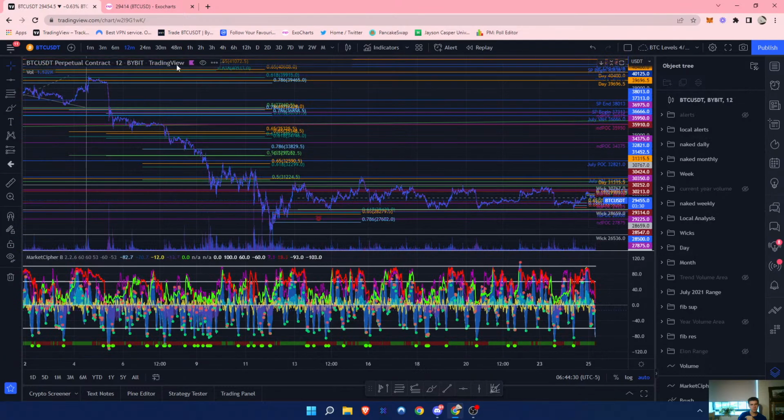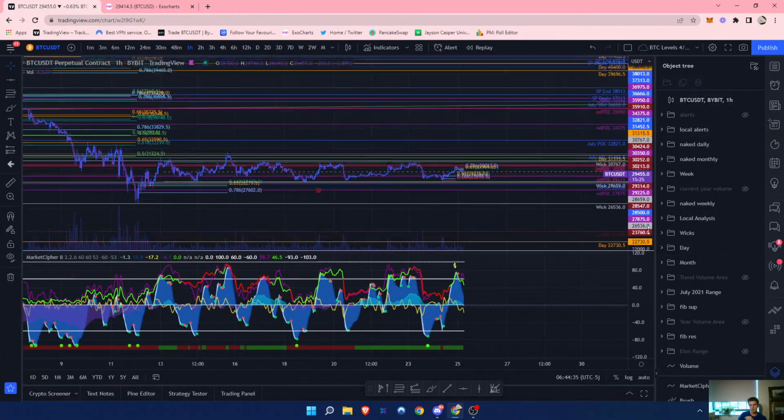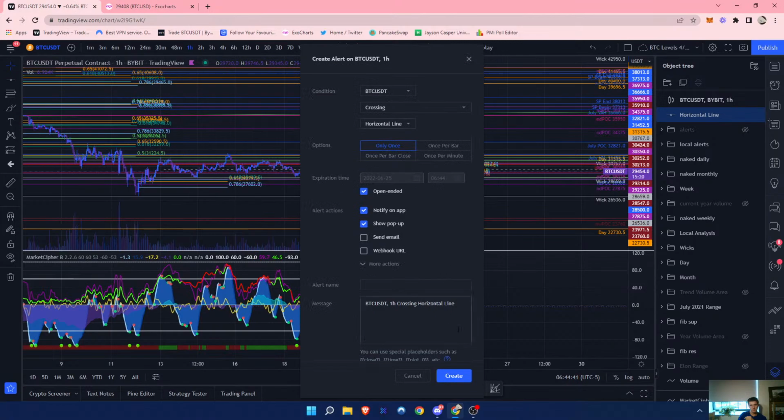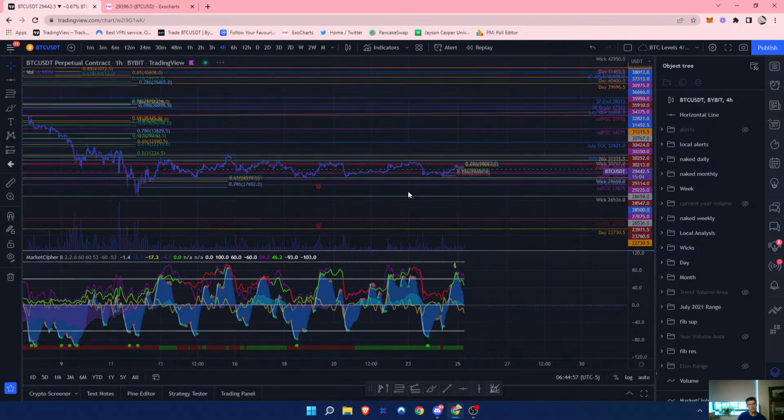Again, we can plan for if that wick to the downside breaks. And so we can look at this 23K level. This will actually be more of a 4 hour. We'll see what the 4 hour is doing.